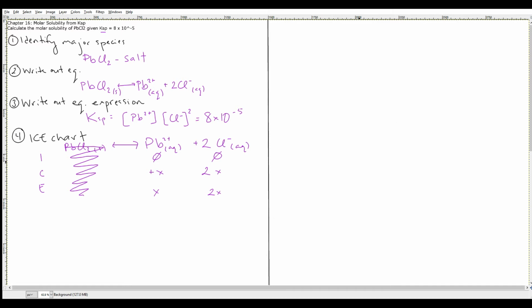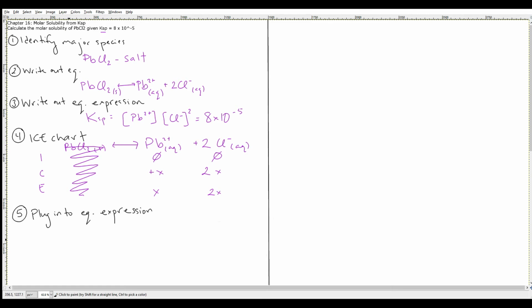Okay, so now that I've done this, I'm going to solve for concentrations by plugging into my equilibrium expression. Remember, the goal here is to figure out the molar solubility, and in order to figure that out, we need to know the molarity of what we're working with at equilibrium. Oh, equilibrium expression, there's only one.